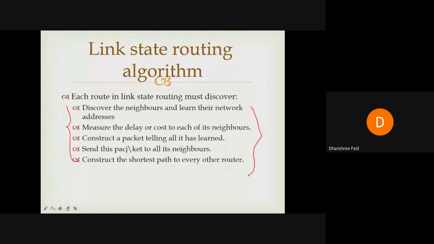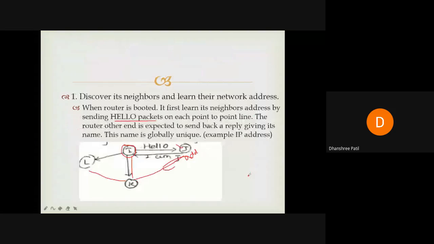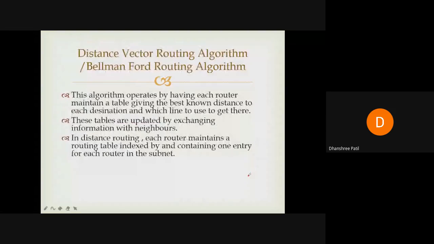One by one, every step we have seen how the packets are generated. And the last algorithm that we have seen was the distance vector routing algorithm, also called the DVR algorithm, or the Bellman-Ford routing algorithm.